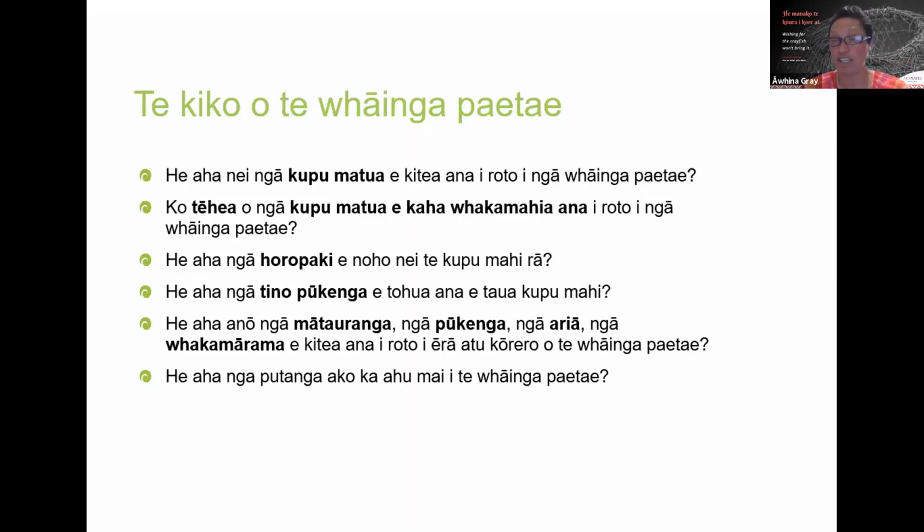What are some of the contexts that that word can sit in or can be aligned to? What are the skills? What's some of the knowledge, the skills, or the concepts, or the explanations that you can see in the related kōrero to that whāinga paetai? Okay. And hea hanga putanga ako ka ahu mai i te whāinga paetai. Okay.